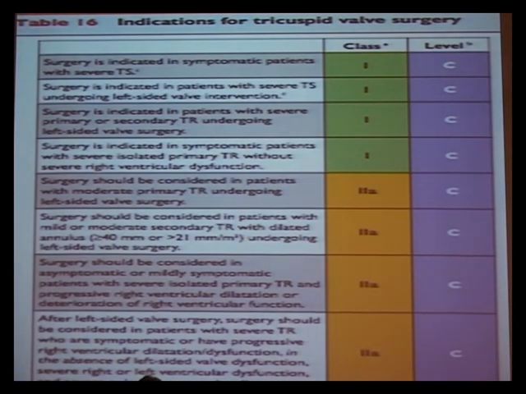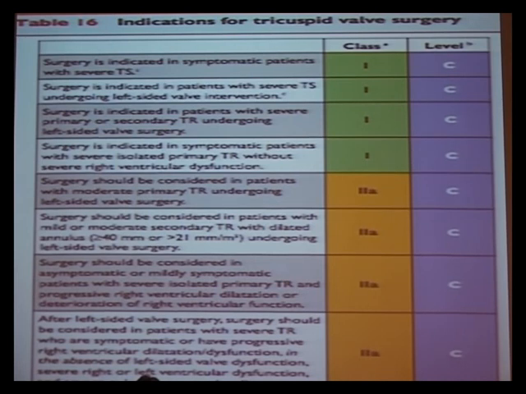Surgery is indicated in patients with severe primary or secondary TR undergoing left-sided valve surgery. It's again class 1. Surgery is indicated in symptomatic patients with severe isolated primary TR without severe right ventricular dysfunction, class 1. On the other hand, the last one is very much important.